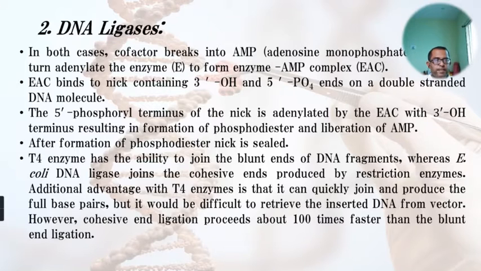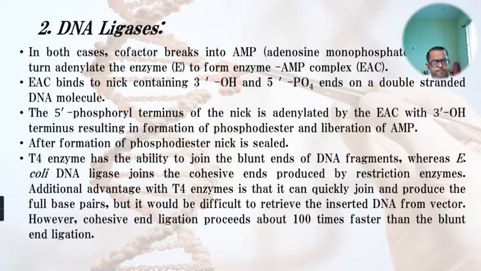Now, these two characters are important because by using this ligase enzyme, we are producing a recombinant product. But after production of multiple copies of that recombinant product in a host, we have to retrieve the DNA fragment which we require, the gene which we require, and that should be recovered.